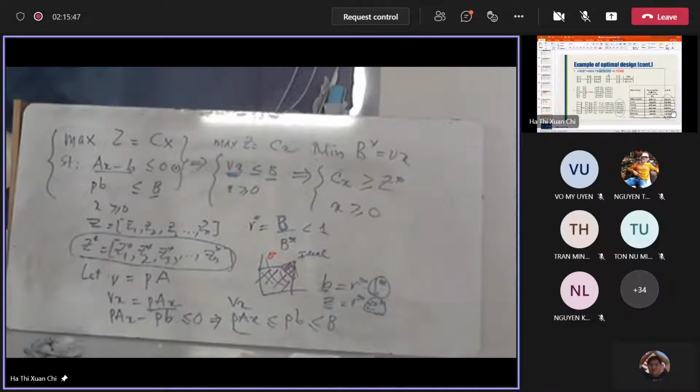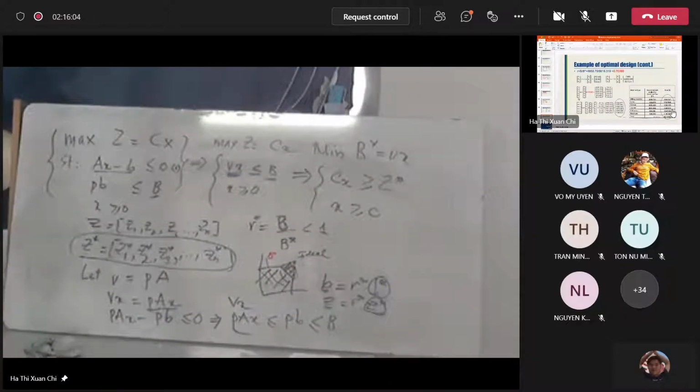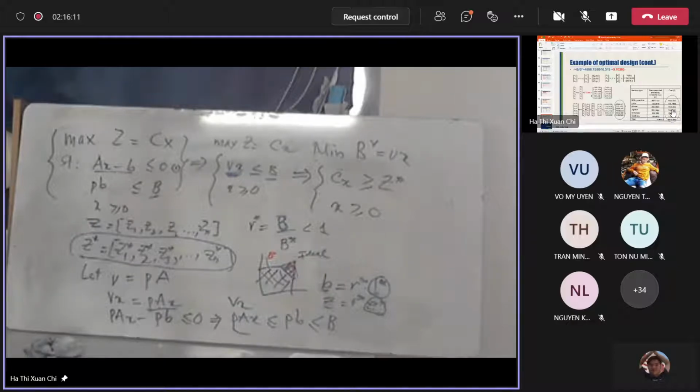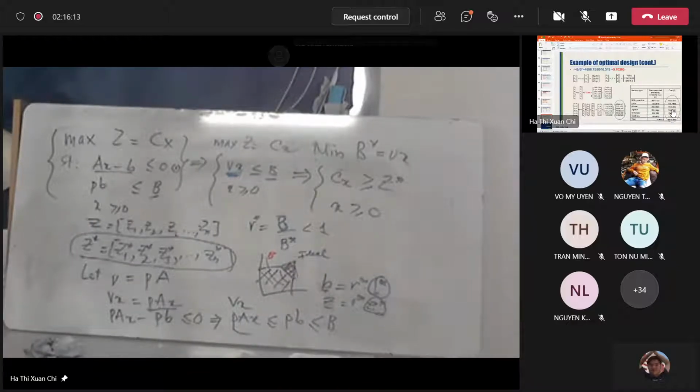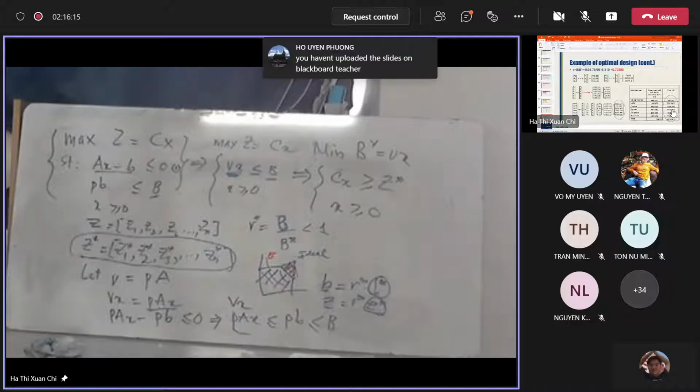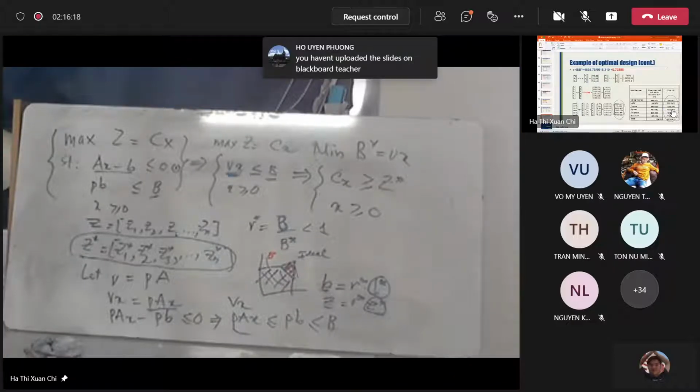So you have Z here, and Z star, which is 5. You have R, you get the number here. And B star, which is 5 in the previous slide. So here B star, you have Z star also. You substitute in here, you can find B, and that is P, cost.